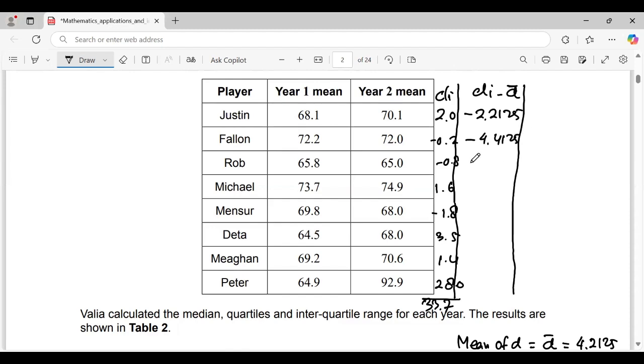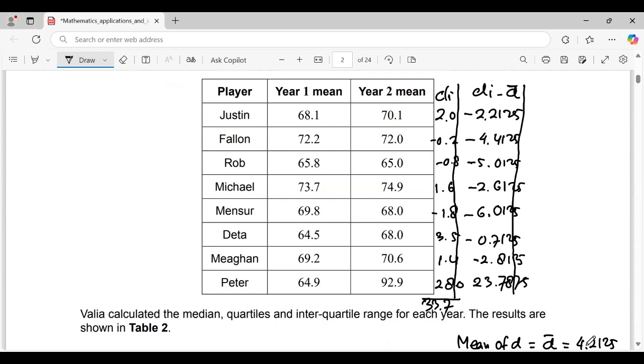And then continue with the same method, and this is minus 2.6125, and this one minus 6.0125, minus 0.7125, and minus 2.8125, and 23 minus 7875.